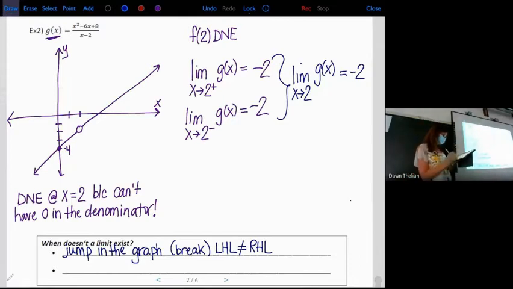My second little dot here is kind of off the screen, so I'm just going to write mine up here so those of you in class can see it. Besides there just being a jump, there might actually be a vertical asymptote there, a line that it could never cross. So a second place is if there's a vertical asymptote.